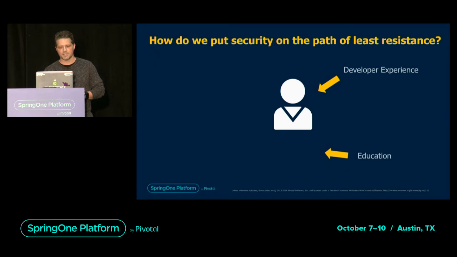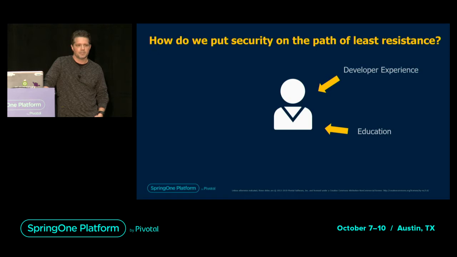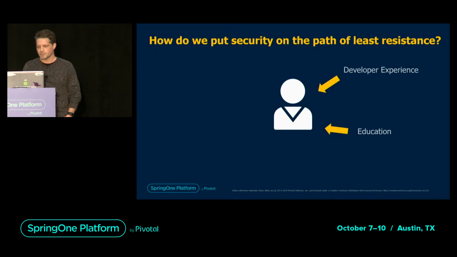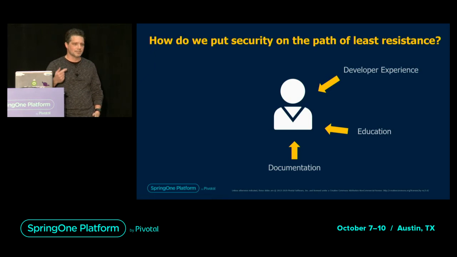Beyond that, we look at educating our developers, providing a diverse array of educational opportunities based on the needs of our individual teams and developers, whether it's hackathons or immersive experiences with dojos and self-directed training. There's a lot of different ways that we approach that. Documentation. Of course, documentation is hard. Good documentation is impossible, right?